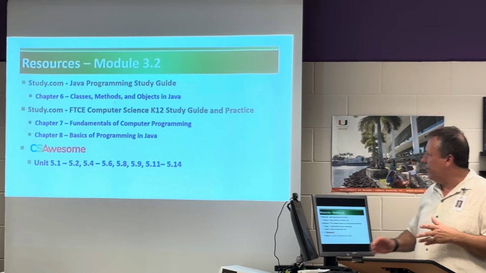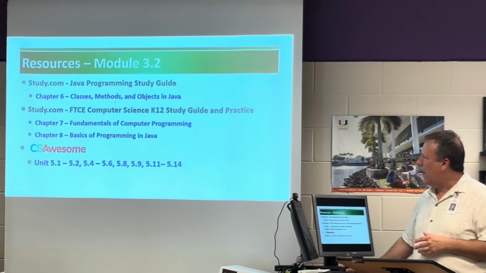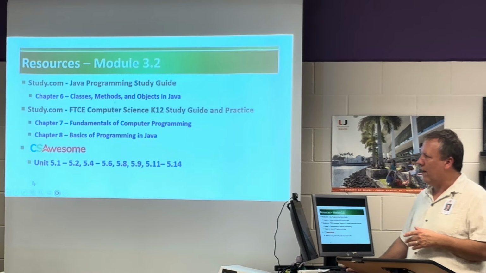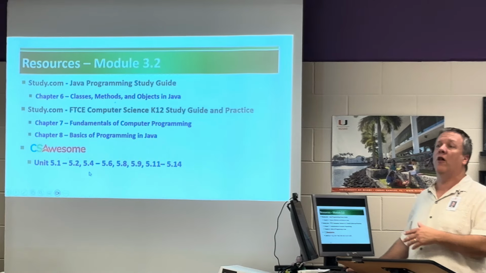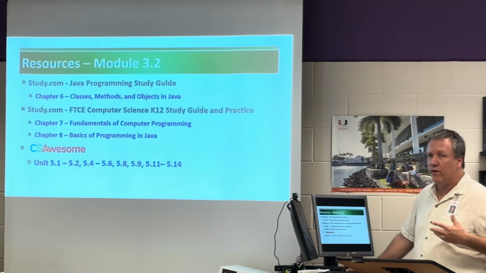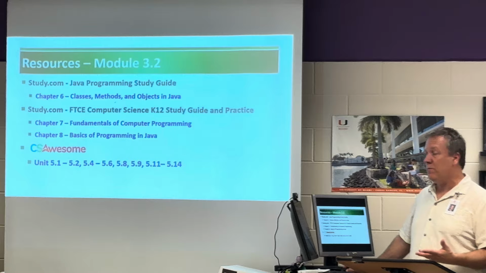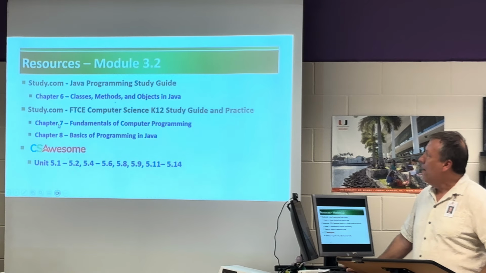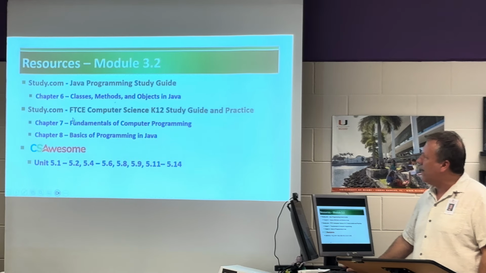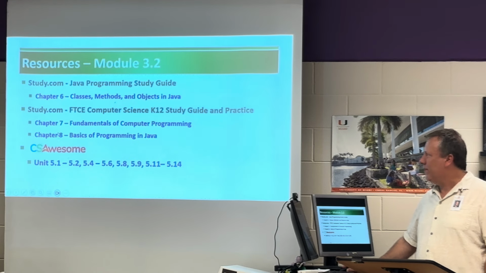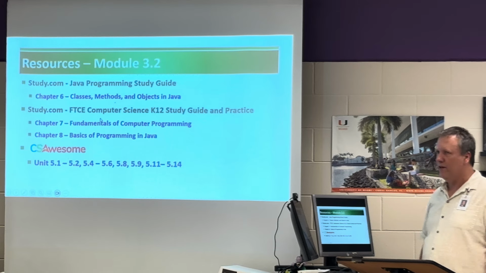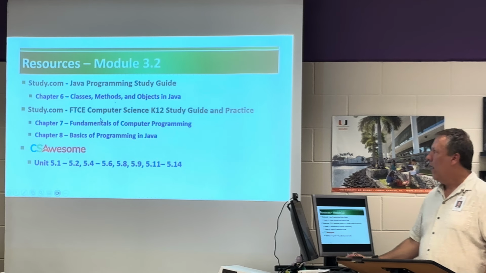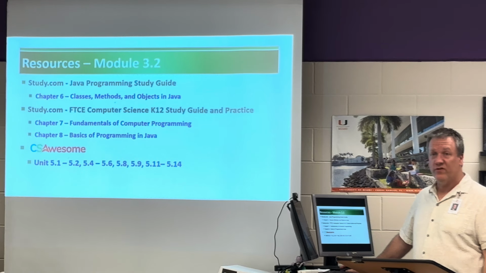So in addition to CS Awesome, where I skipped some units, Unit 5 of the CS Awesome course is all about designing classes and the anatomy of a class. But check out chapter 6 in the Java Programming Study Guide, and then it's kind of scattered throughout chapters 6 and 7 of the FTCE Computer Science Guide. So that's what we have in our resources that are available for us.